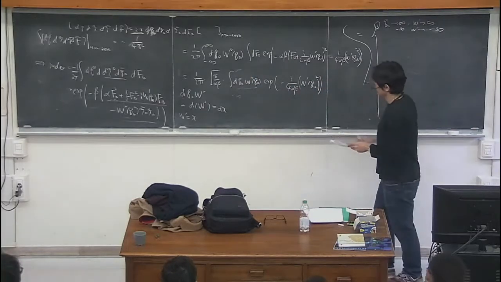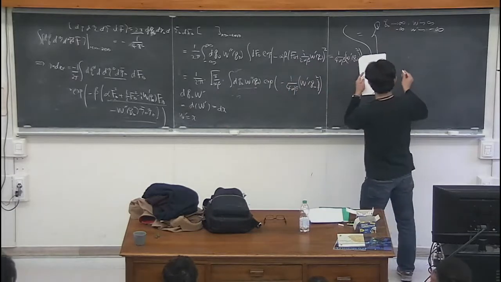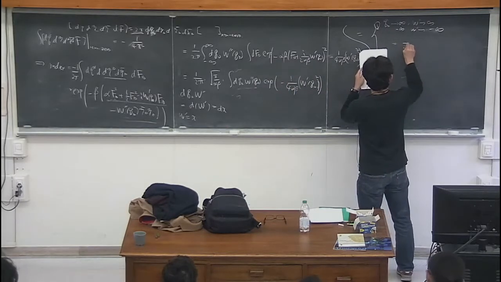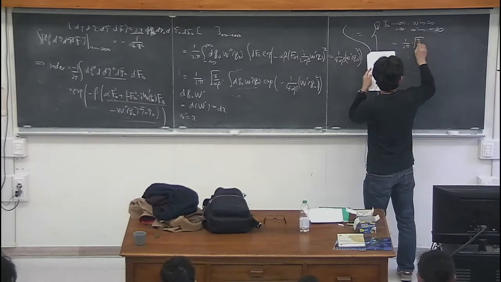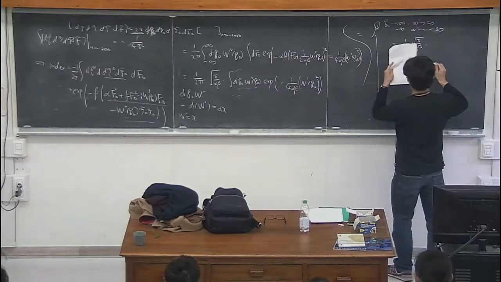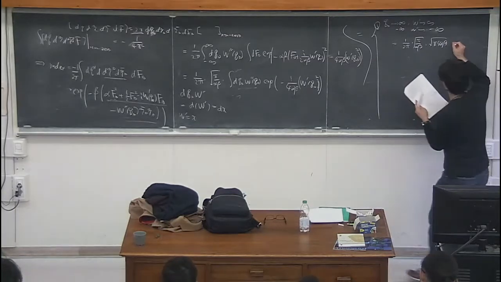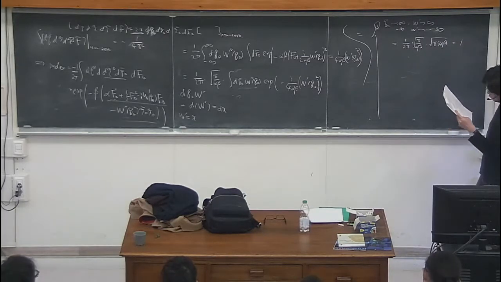Then this is just a Gaussian integration for dx. That gives 1/2 pi I times pi over root alpha beta times this factor, that is pi times alpha beta. And this is 1.